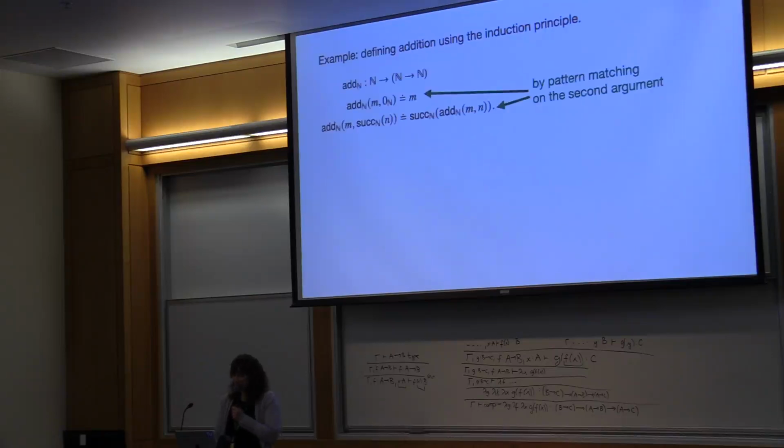Sorry, can I ask about the successor constructor, is this somehow distinguished to be injective? Like, how do we know that the successor of 0 is not equal to 0? We don't, at this point yet. So the fact that 0 and 1 are different, we can prove that, but we need some knowledge of the universes.